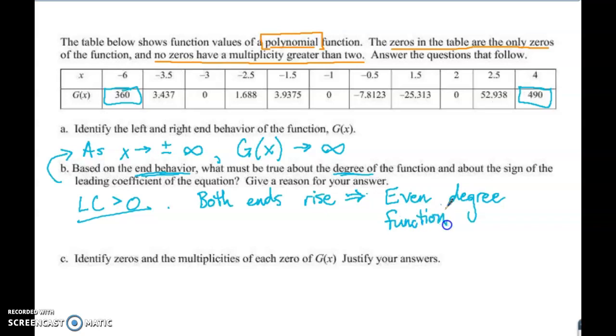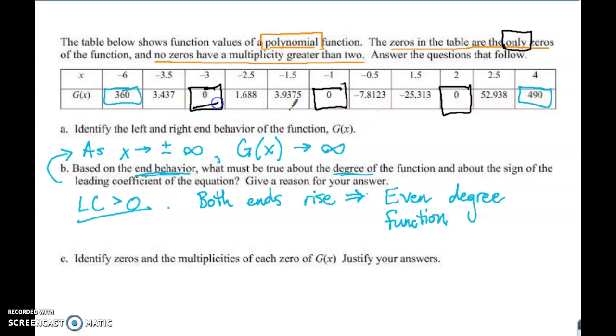Now, as we look at the degree that we have and we examine, maybe I'll change colors one more time, our zeros, because these are the only zeros, one of these better have a multiplicity greater than 1. And you might be saying, oh, why?